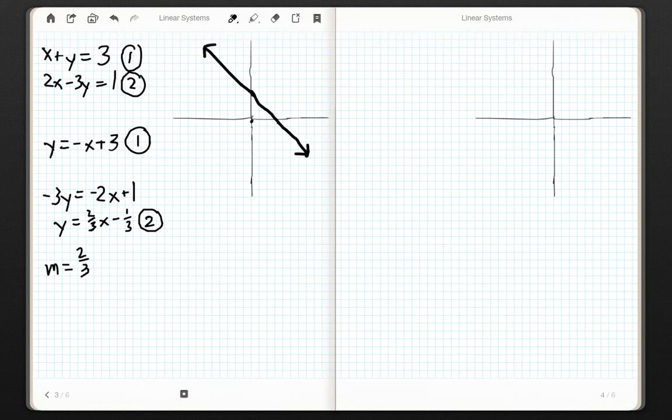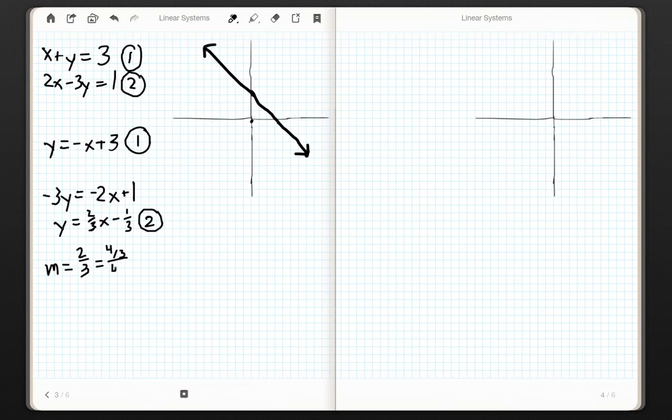So let's say we want to get up to 1. That means we'll have a change in y of 4/3. So in order for this 4/3 over something to be 2/3, what does the change in x need to be?